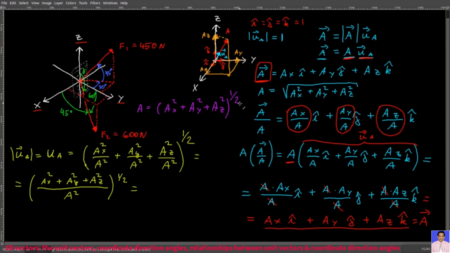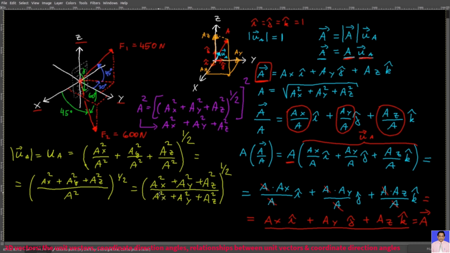Now if A is the magnitude, then if I square it, I also square the other side, and so it will simply be Ax squared plus Ay squared plus Az squared. As you can see, my expression becomes like this, and I have the same numerator and denominator. So here I have 1, so I'm left with 1 to the power of 1/2, which is 1. And that's the magnitude of my general unit vector.